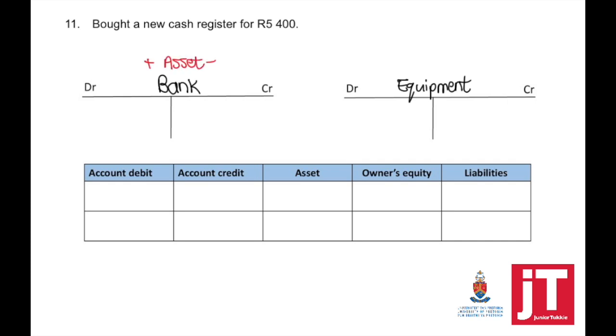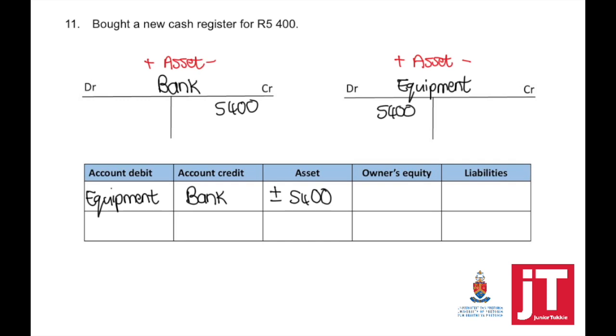Both is regarded as an asset, which means it will increase on the debit side and decrease on the credit side. So if we're using bank as a base to work from, when a payment is made, bank is always credited. It means that equipment is going to be debited. So in our table, account debited, equipment, account credited, bank, assets plus minus 5,400. Nothing happened with my owner's equity, nothing with my liabilities.